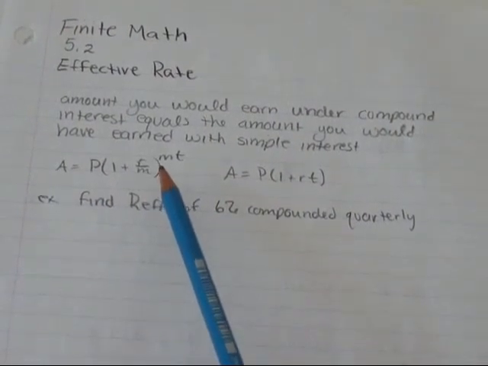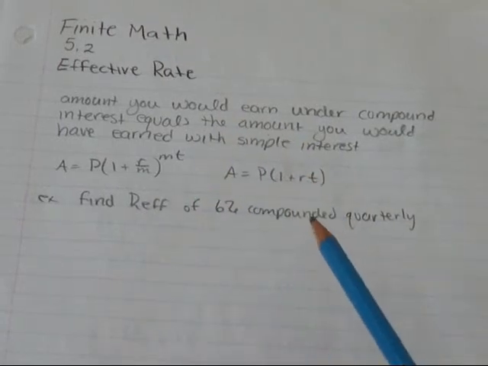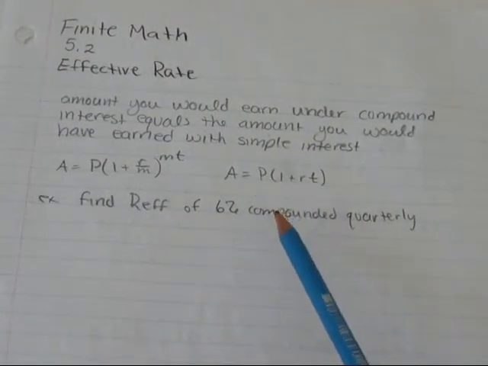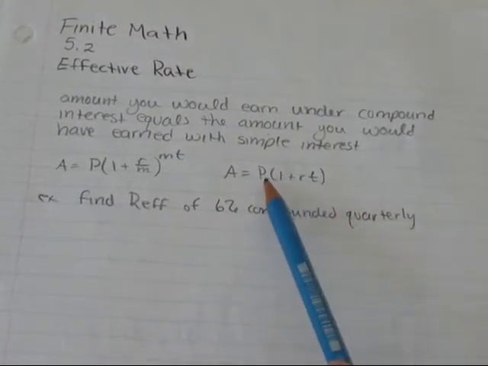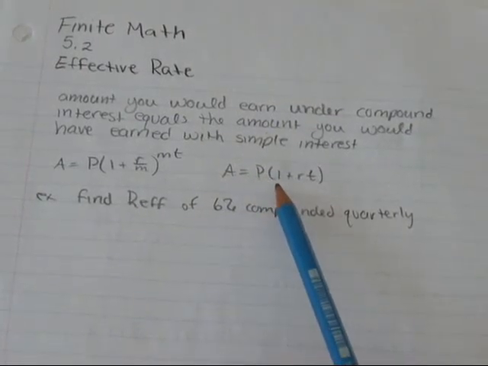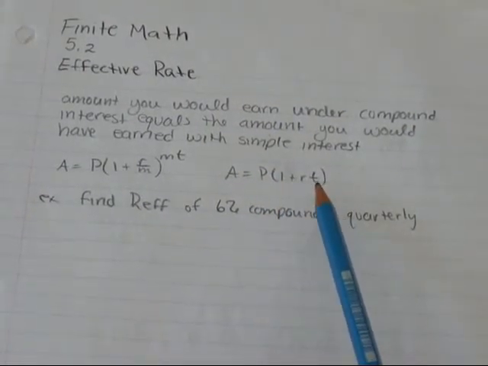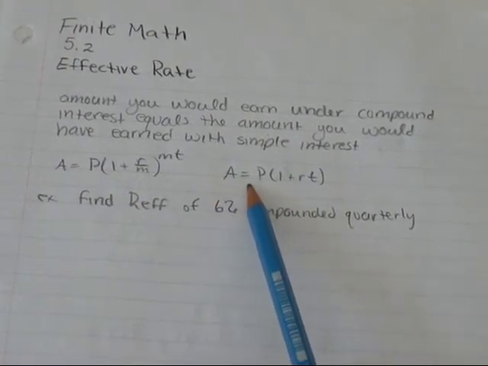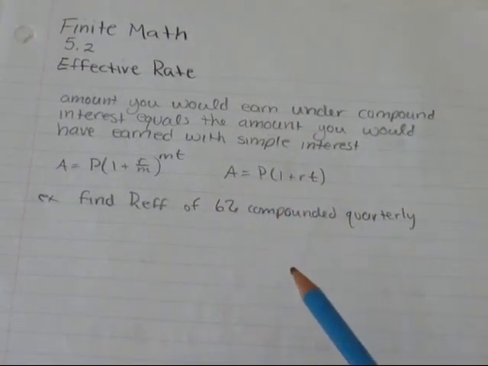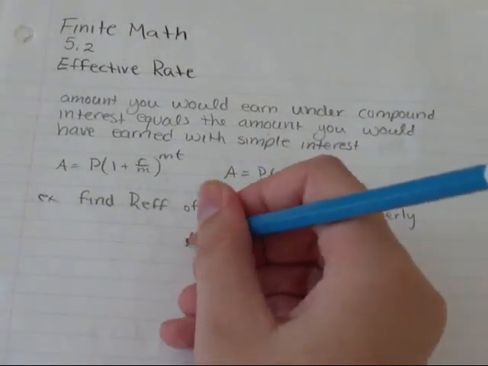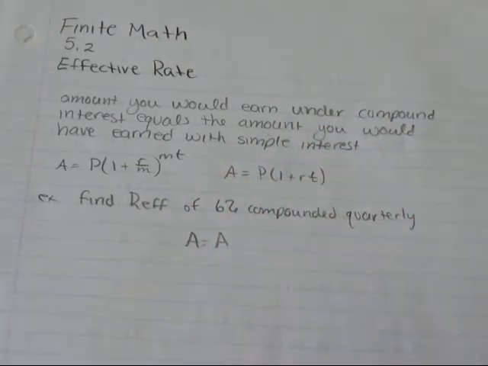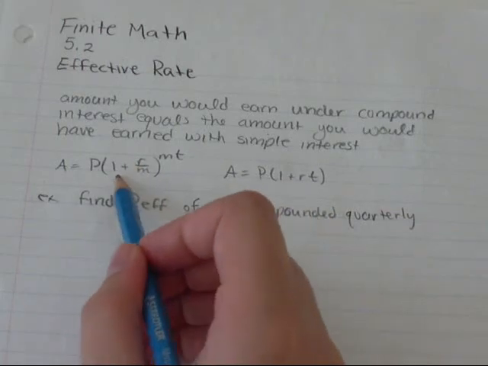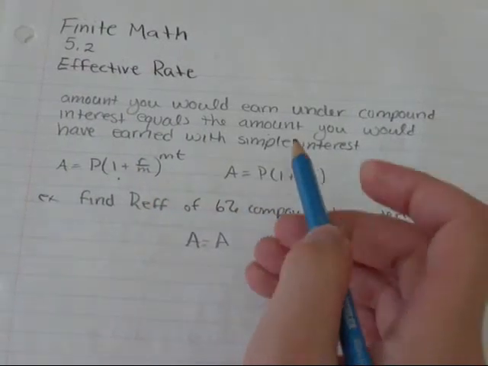So the formula for compound interest, A equals P times (1 plus R over M) to the MT, and the formula for simple interest, A equals PRT, or I've taken the P out, A equals P(1 plus RT). You'll notice that A equals something here and A equals something here. It's the same variable, so I'm going to say A equals A, and when that happens, this equals this.